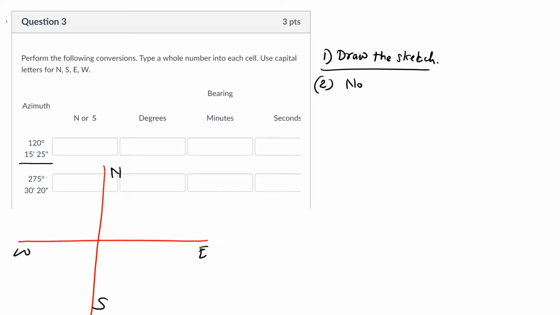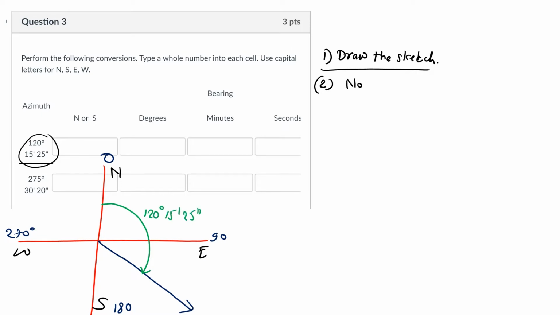How do you show this angle in azimuth? Again, 0, 90, 180, 270. So 120 degrees would be this line, and this angle would be 120 degrees, 15 minutes and 25 seconds.